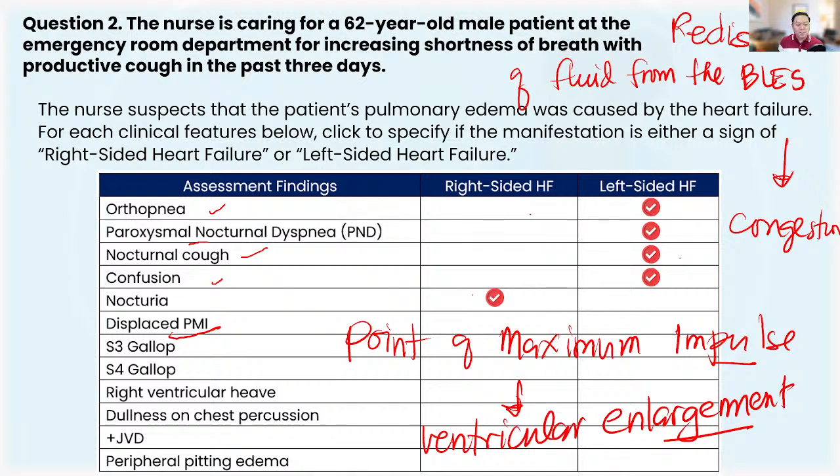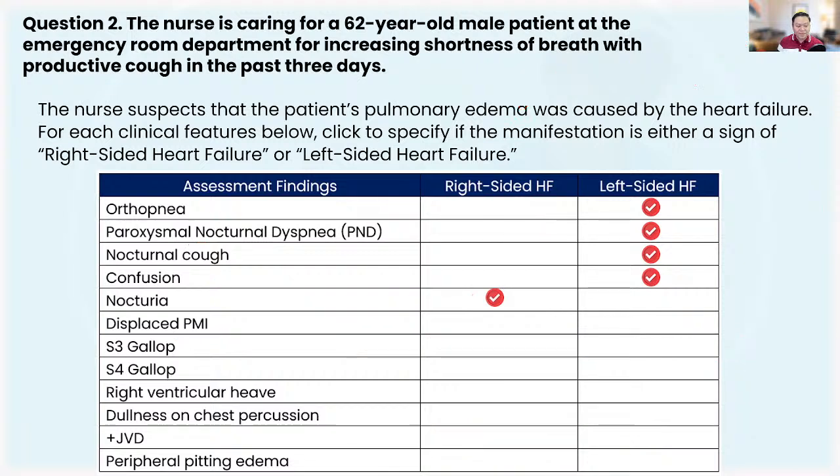Now, where should we assign the displaced PMI? Is this going to be the left-sided heart failure? So the displaced PMI is going to be assigned to what? The left-sided heart failure. And the reason is because of the left ventricular hypertrophy.